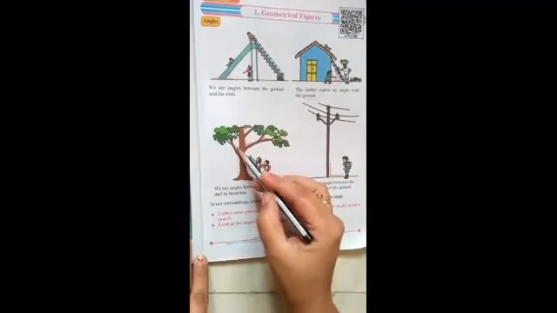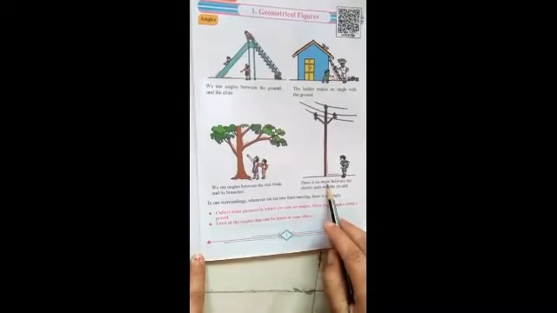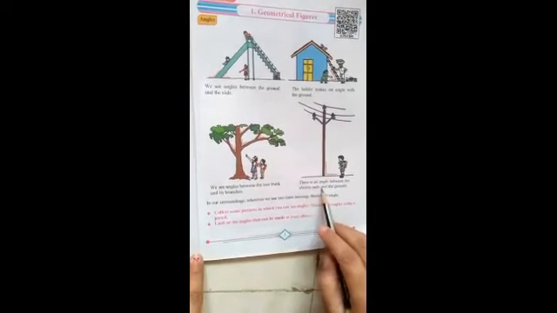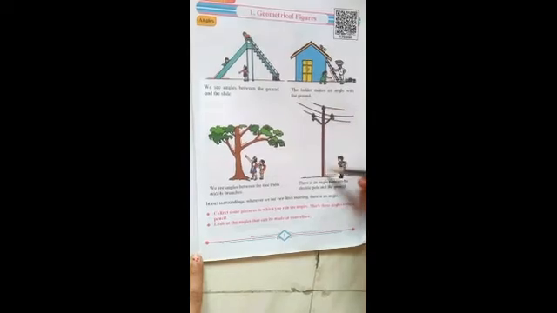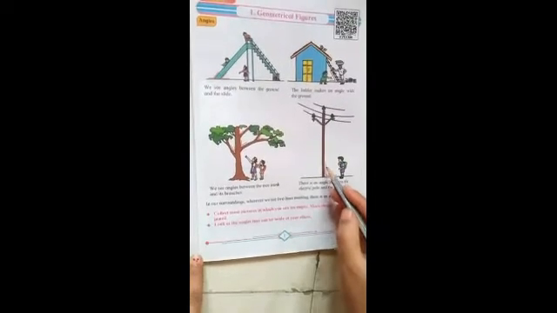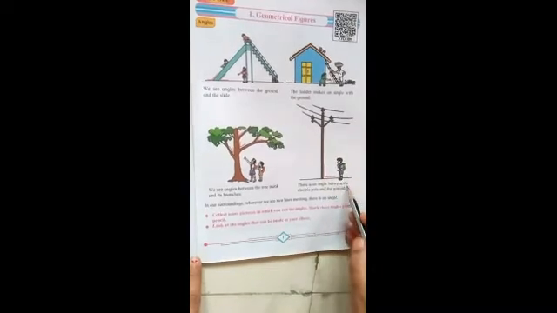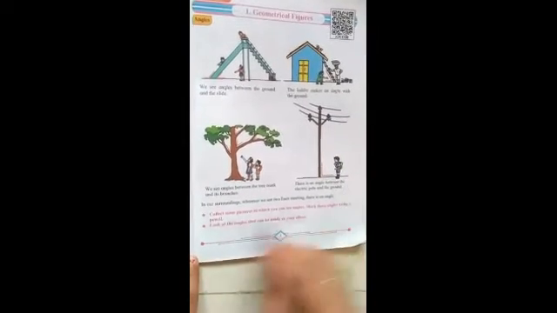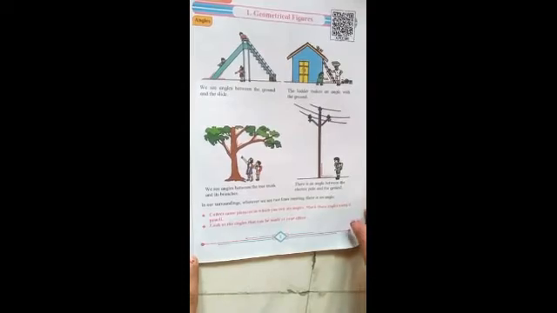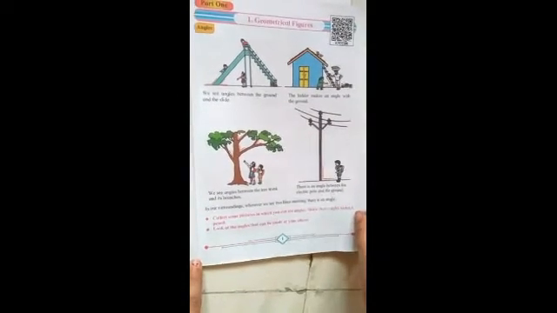These are the angles. There is an angle between the electric pole and the ground. This is the electric pole and this is the ground. This is the angle between the electric pole and the ground. In our surroundings, we find various types of angles in other things.